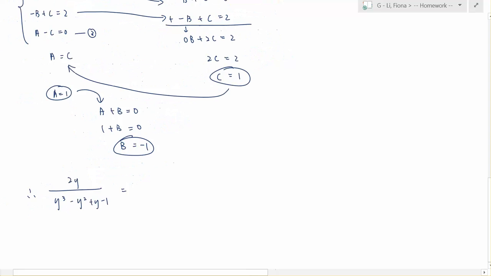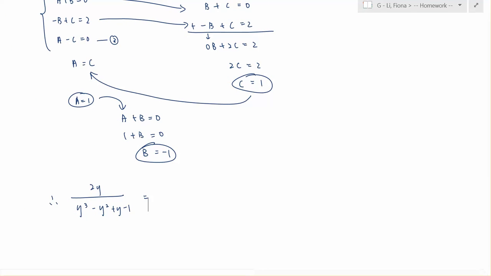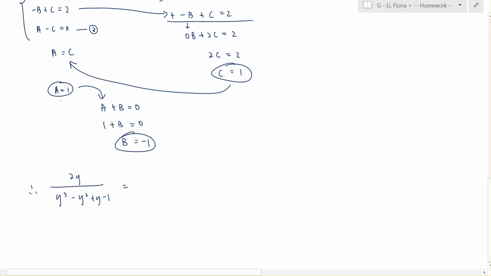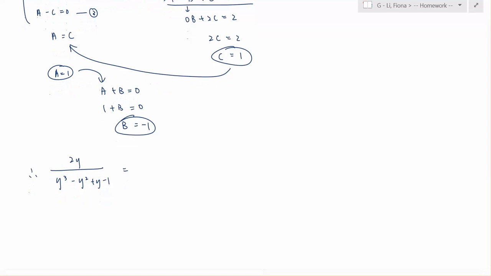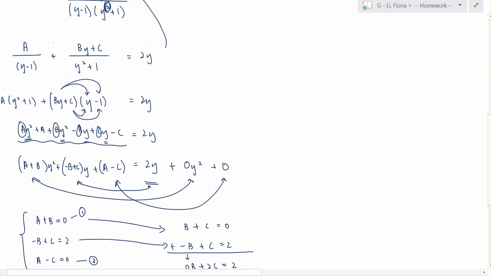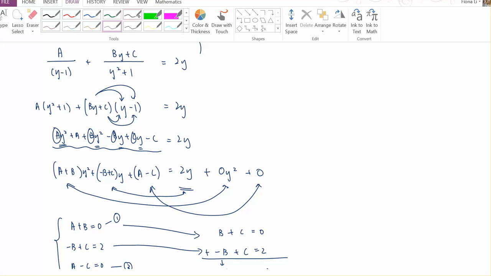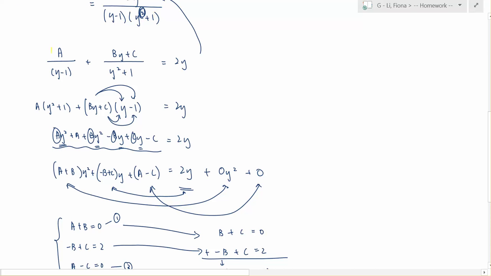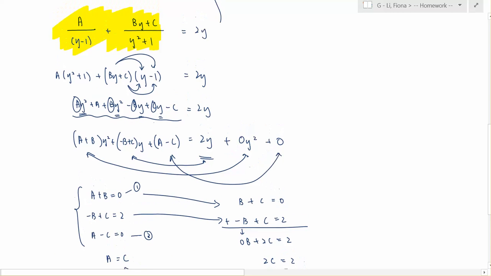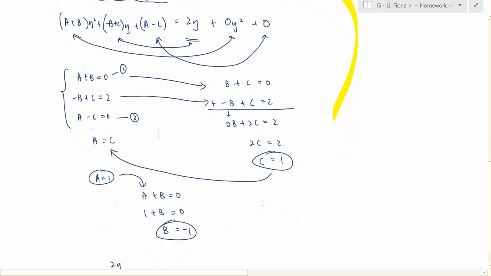And we're asked to represent this in a partial fraction form. And so with A equals 1, B equals negative 1, and C equals 1 that we just achieved, we will use this part over here to draw our conclusion.